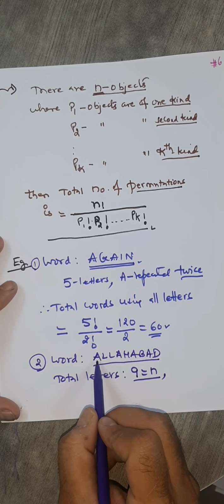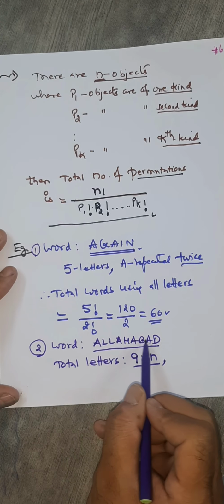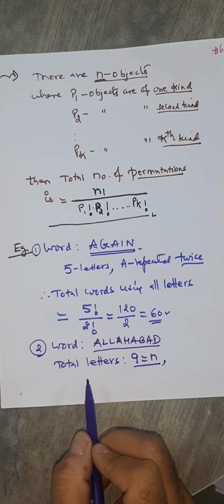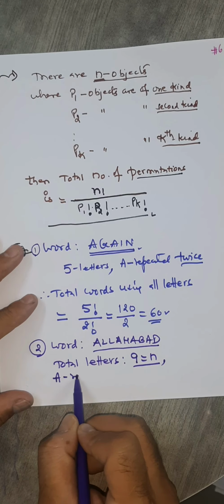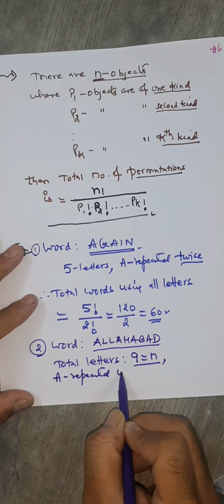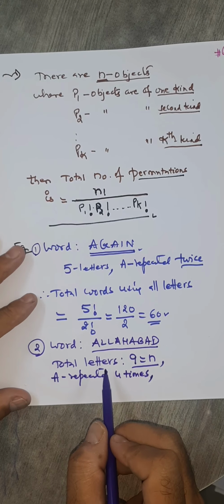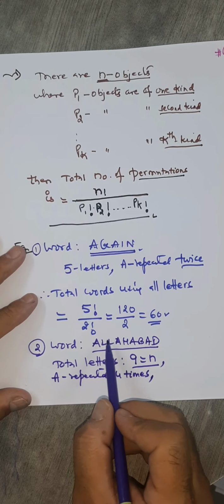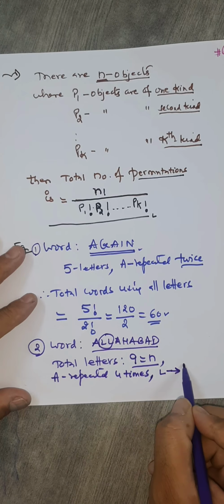In which now there is repetition, look. 1, 2, 3, 4. So A is repeated how many times? 4 times. Is there any other repetition? Yes, there is one more repetition. Of which letter? L. L is repeated how many times? Twice.